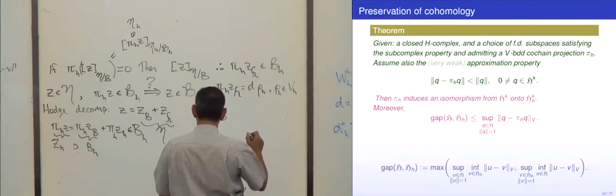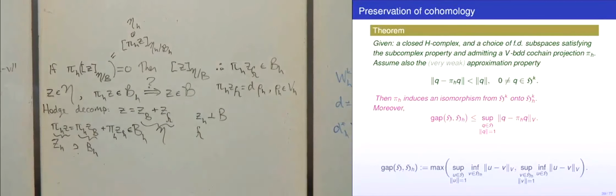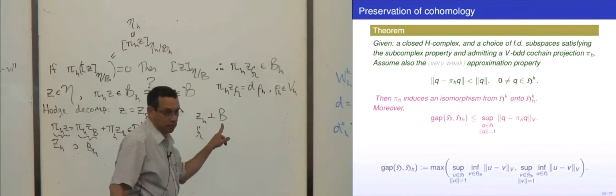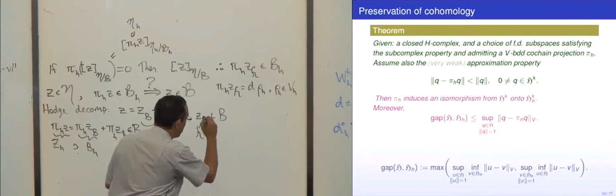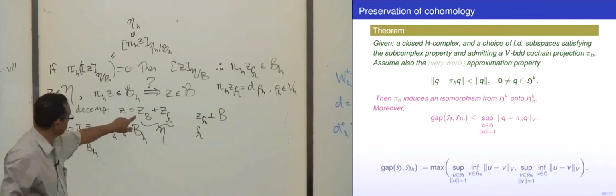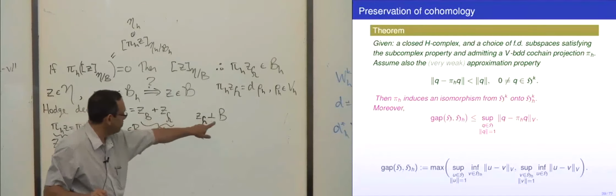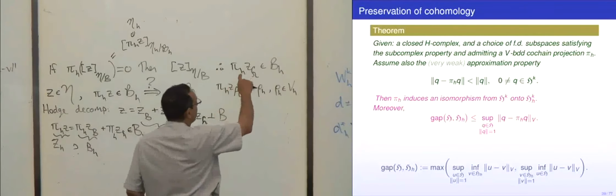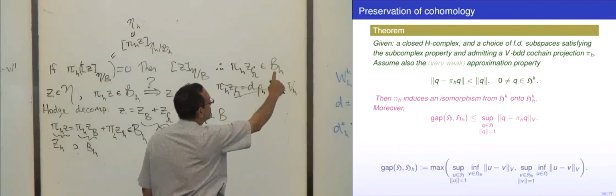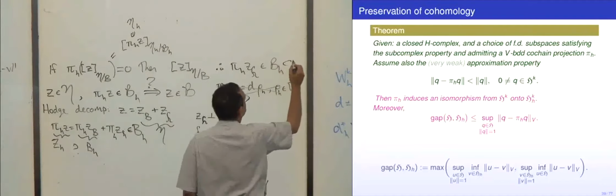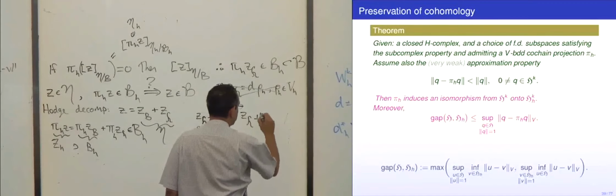That's the other kind of H, the harmonic H. We took Z and wrote it as a B and a harmonic H, and harmonic H, by definition, is orthogonal to B. Now, pi h of ZH is in BH, and BH, of course, is part of B. So ZH is orthogonal to its projection.